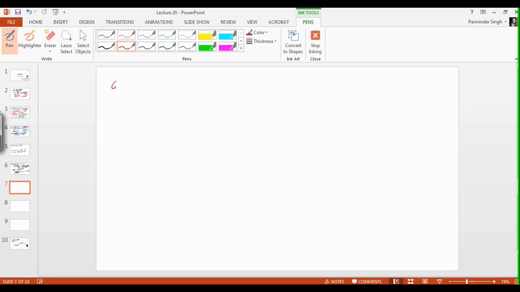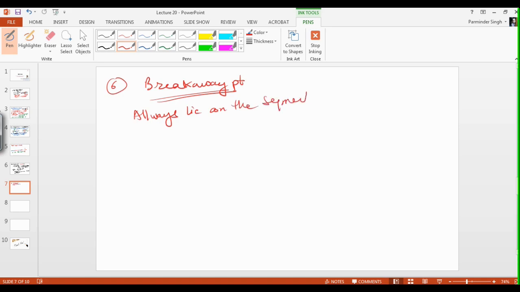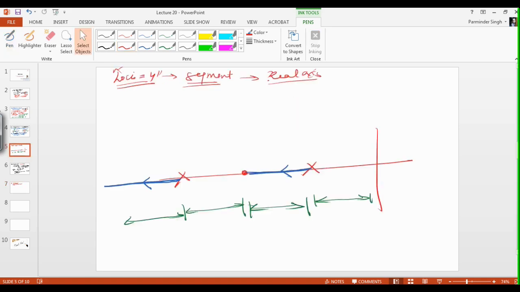Next, the 6th rule is breakaway point. This is the most important point of the entire root locus, breakaway point. Now I'll explain what is breakaway point, but just remember that breakaway point always lies on the segment. Which segment? This blue, this segment, root locus segment. So it will always lie on this.